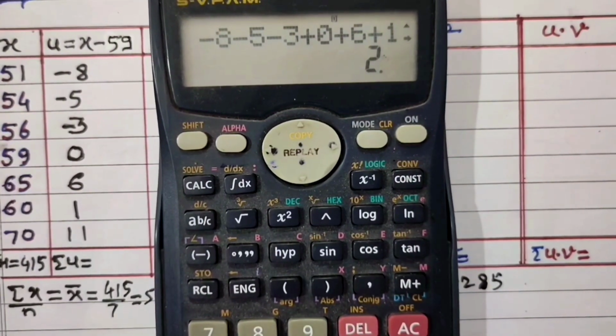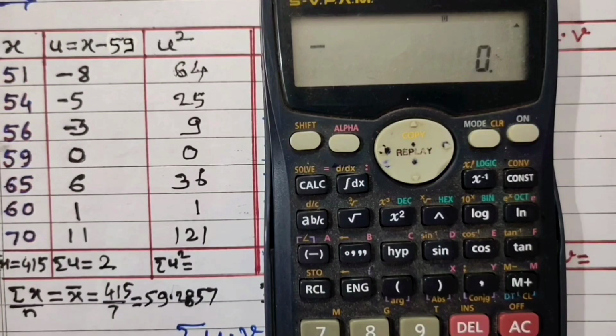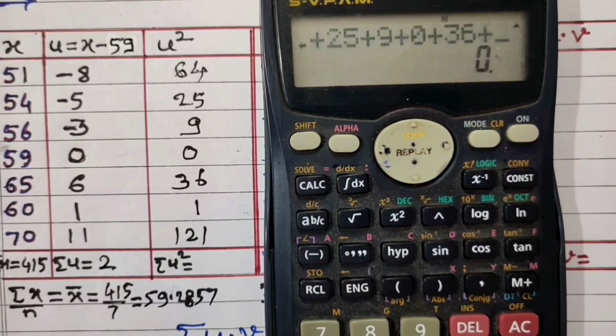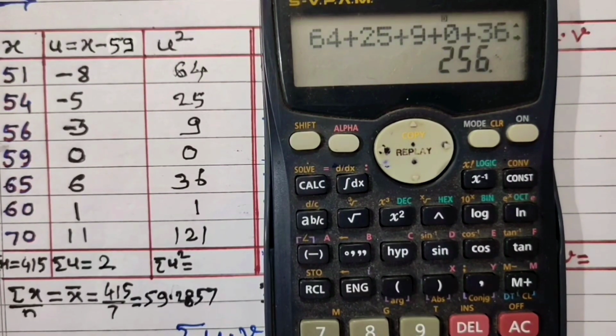Summation of U is equal to 2. Now let us find summation of U square, that is 64 plus 25 plus 9 plus 0 plus 36 plus 1 plus 121, and this is equal to 256.